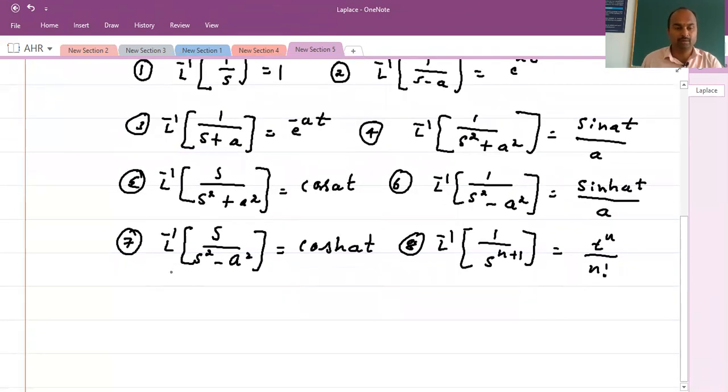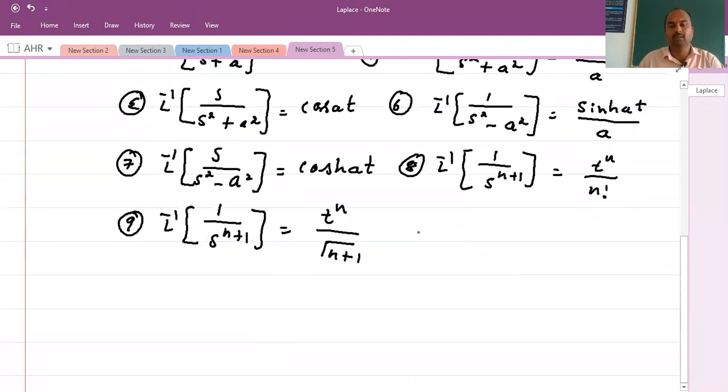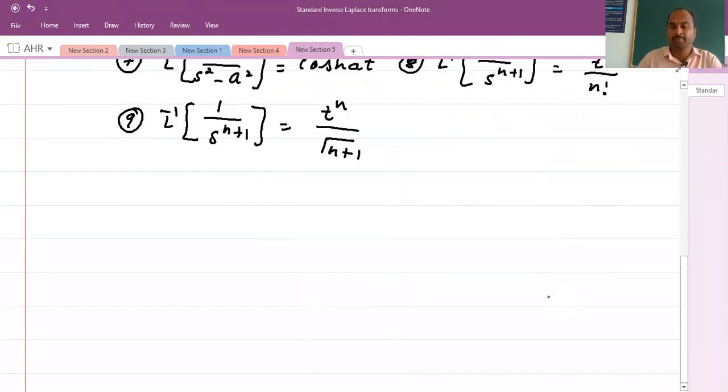The ninth one, the inverse Laplace transform of 1 by s to the power of n plus 1 will be t to the power of n by gamma of n plus 1. These are the basic standard Laplace transforms. Using this, we are able to find the inverse Laplace transforms of some functions. So I will give some examples.